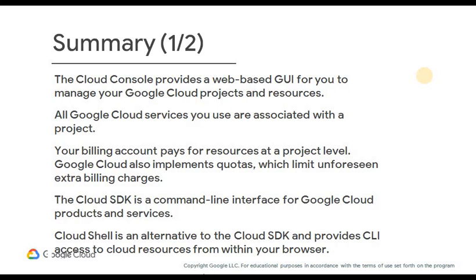Quotas also help prevent billing surprises by putting a cap on resources. We then learned how to leverage the Cloud SDK as a way to interface with Google Cloud products and services. And we also discussed Cloud Shell as an alternative to installing the Cloud SDK on our desktop.